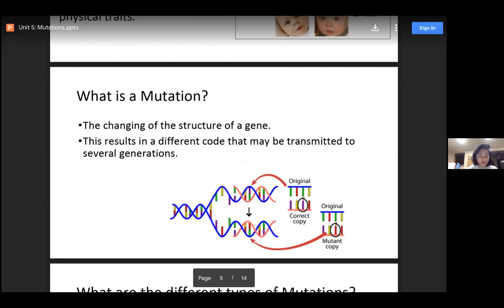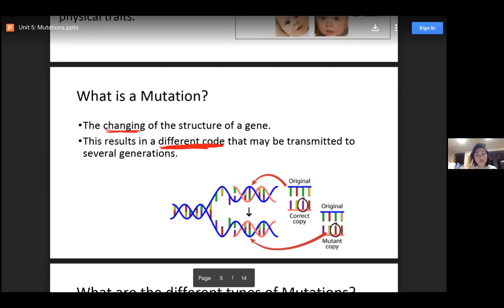When you mess with the structure of a gene, there's a bunch of different codes that you can mess up, and then that is transmitted to different generations. If your parents had a mutation, they might have passed that down to you, and you might pass that down to other people.